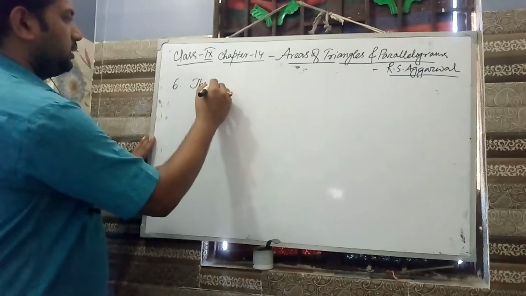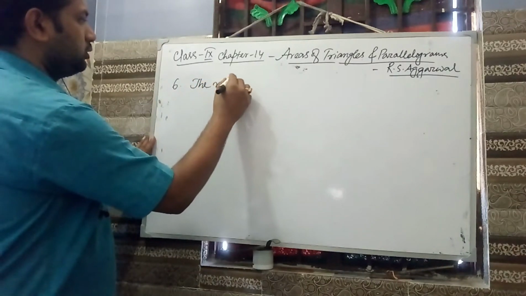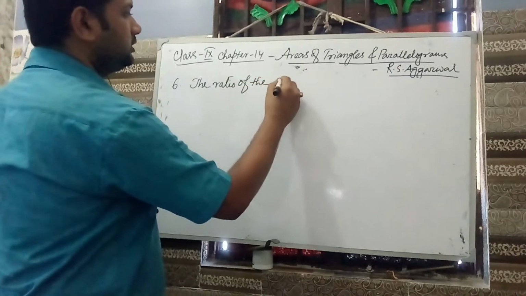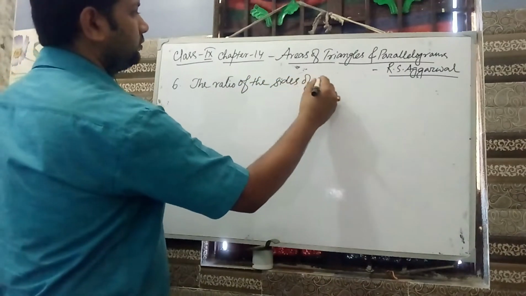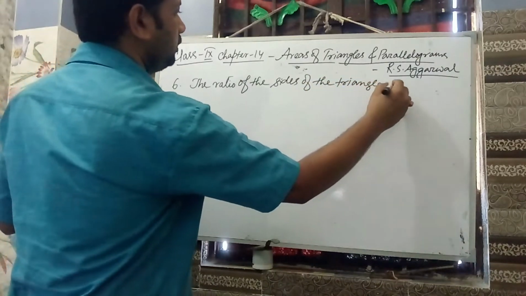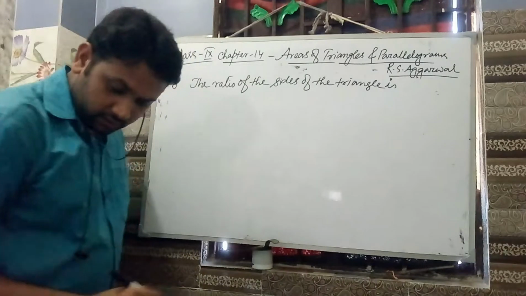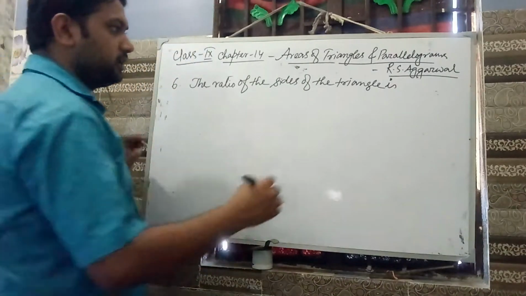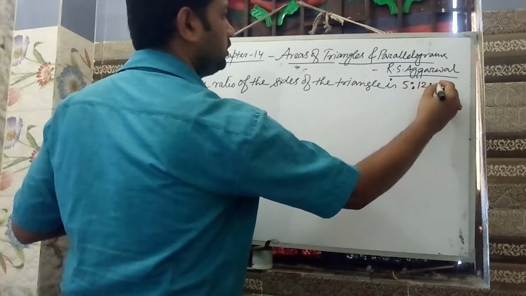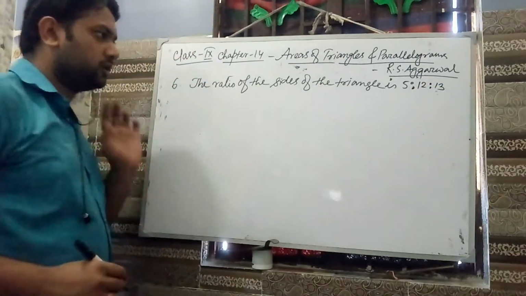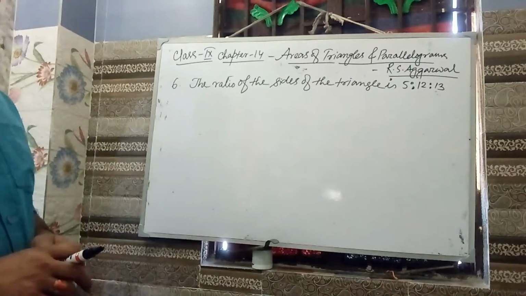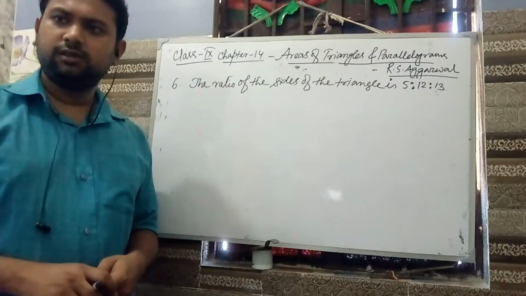The ratio of the sides of the triangle is 5:12:13. So you can consider the lengths to be 5x, 12x and 13x.